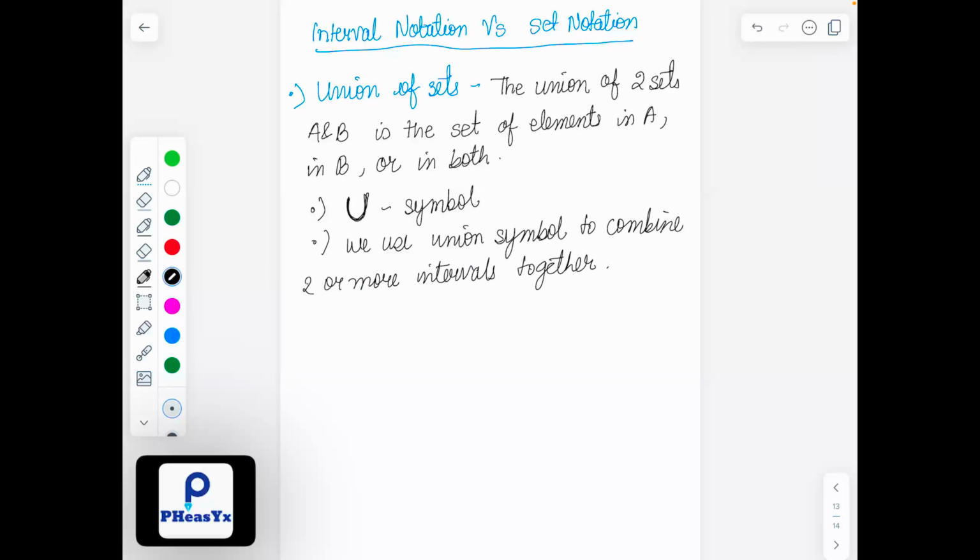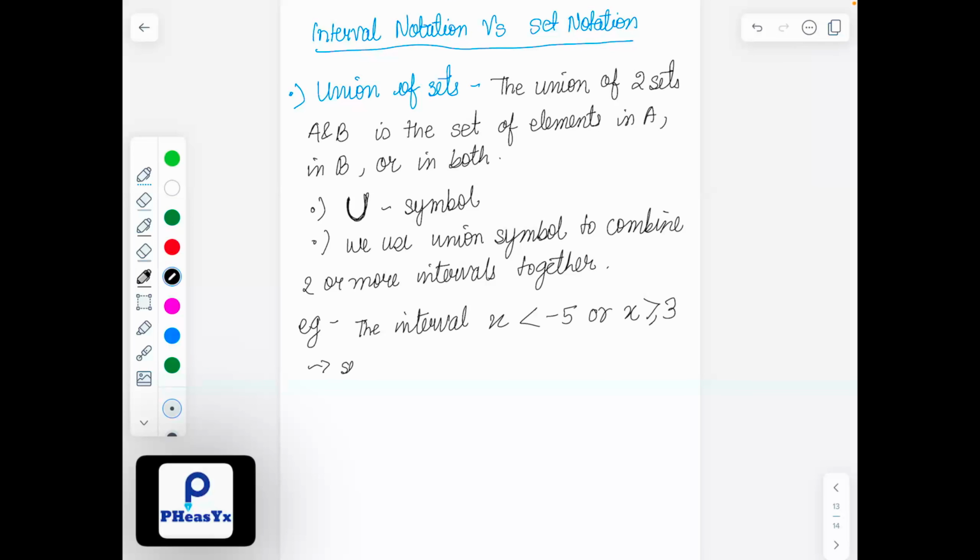Let's understand this with an example. The interval x is less than -5 or x is greater than or equal to 3. What does this denote?